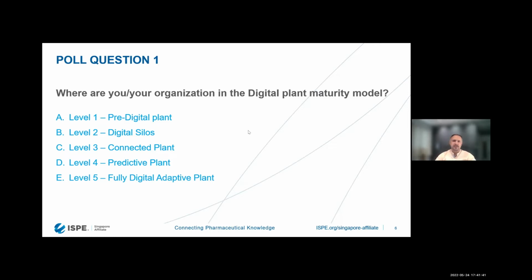Level 2 is the digital silos. Level 3 is the connected plant. Level 4, predictive plant. And level 5, fully digital adaptive plant. So please key in your answers, and we will give you about 15 to 20 seconds, and then we'll move forward.